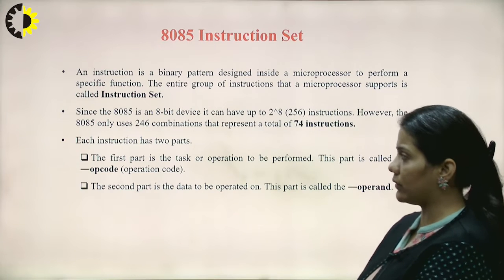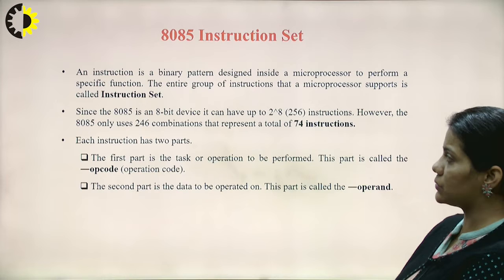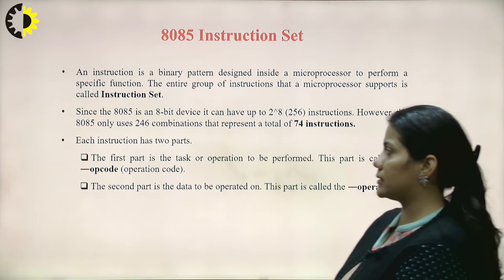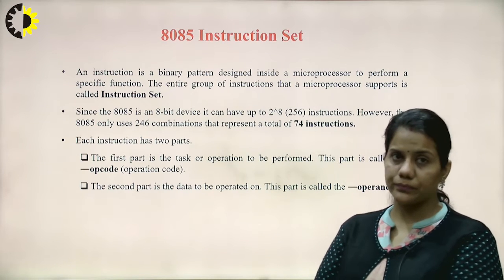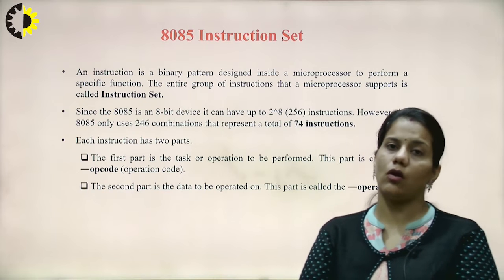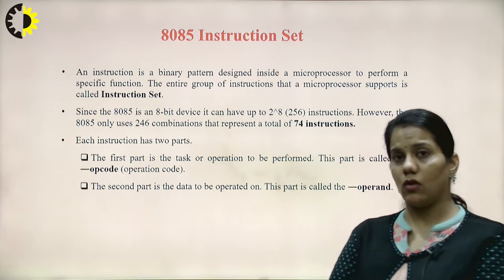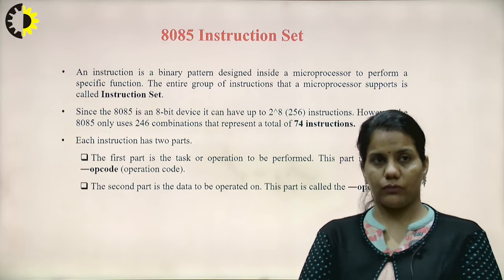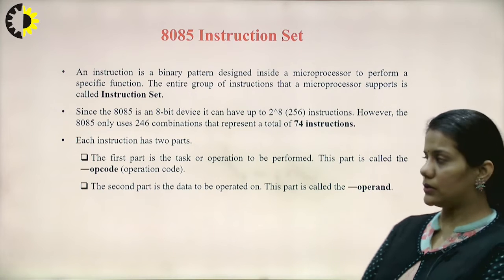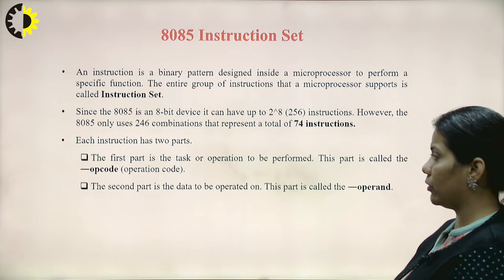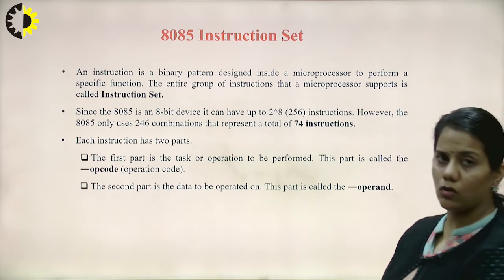As we are all aware, each instruction has two parts. The first part is the task or operation to be performed. This part is called the opcode, or operation code. The second part is the data to be operated on, and this part is called the operand.